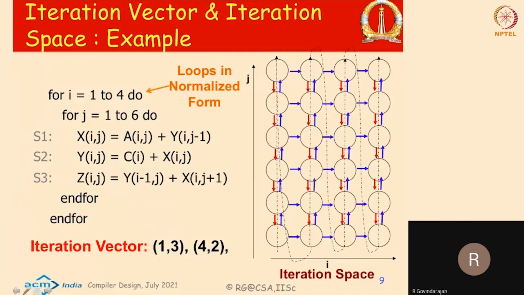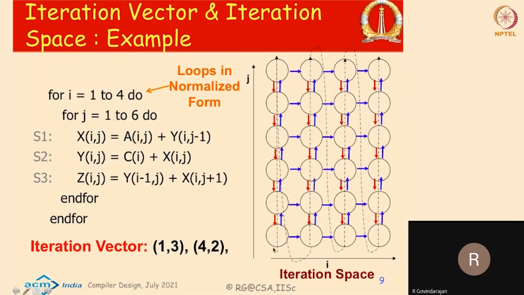We are assuming that the i dimension goes this way and the j dimension goes this way. So this is 1, 1, 1, 2, 1, 3, 1, 4, and if you go all the way up here, this is 4, 6. In this particular case, the outer iteration is i and the inner iteration is j.